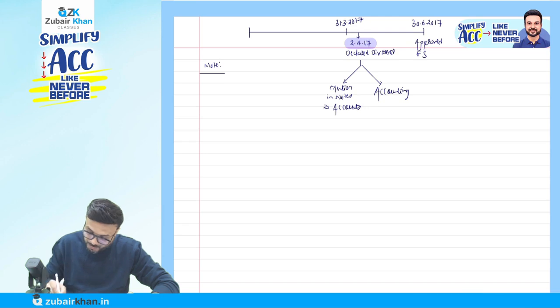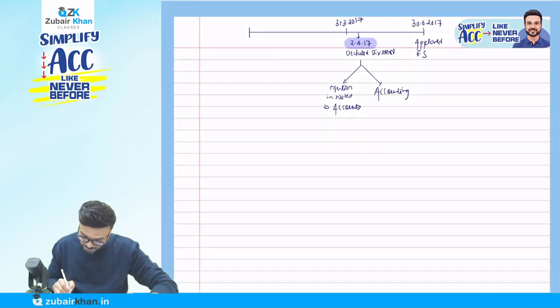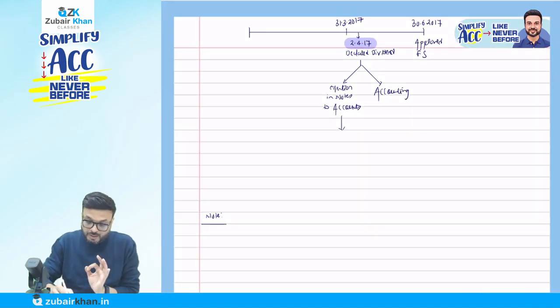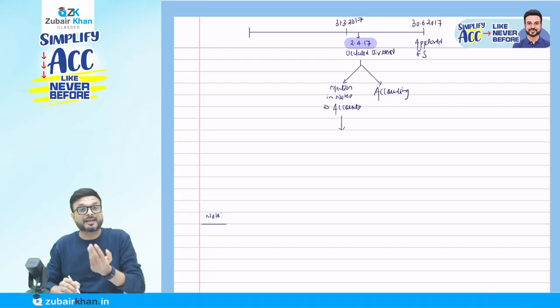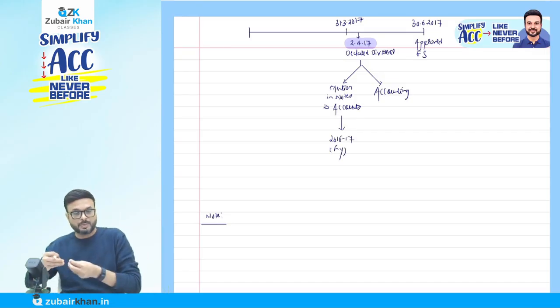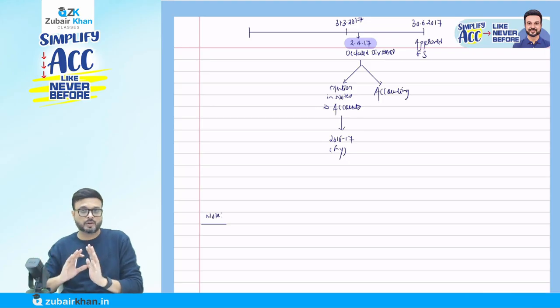Remember that now, because the books of account are not yet finalized, we'll mention in the notes to account that we have declared the dividend in financial year 2016-17. When we prepare the financial statement, we'll mention in notes to account that we have declared.